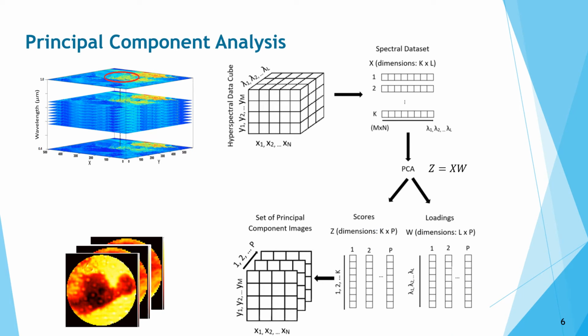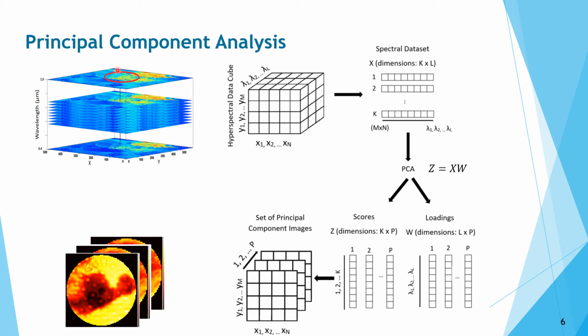For the principal component analysis step, we took all the hyperspectral imaging data for a particular scan, and this exhibits a structure where X and Y are the spatial dimensions, and the lambda direction represents the wavelength.